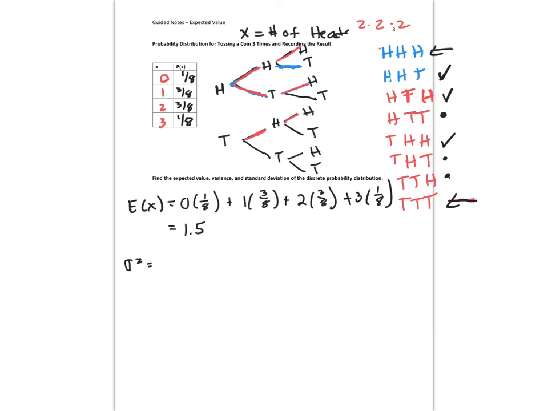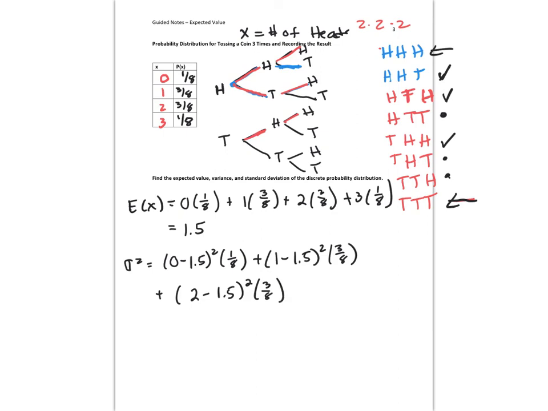Now let's find the variance. The variance will be the first x, which is 0 minus the mean, squared, times 1/8, plus 1 minus the mean, squared, times 3/8, plus 2 minus the mean, which is 1.5, squared, times the probability of 2, which is 3/8.